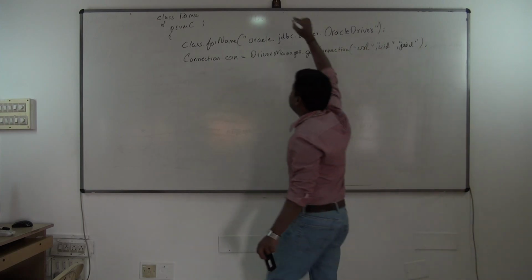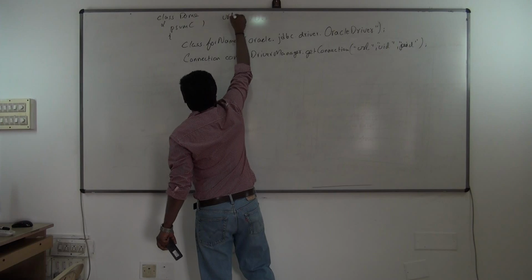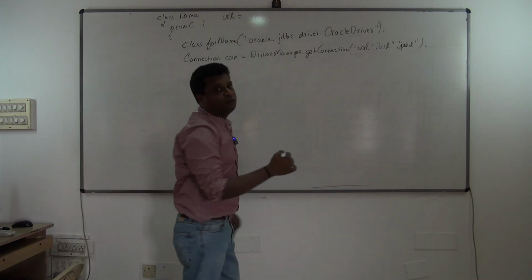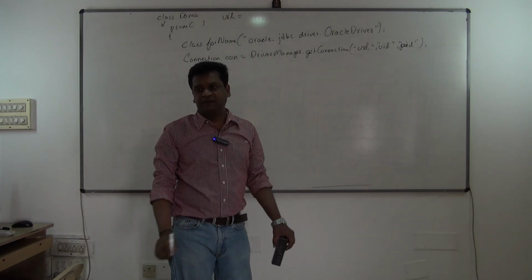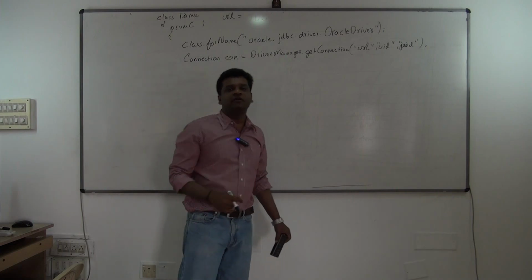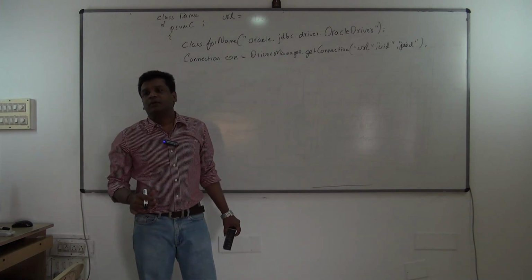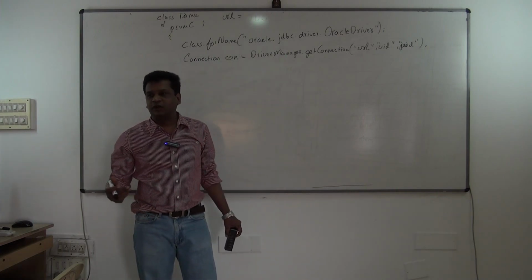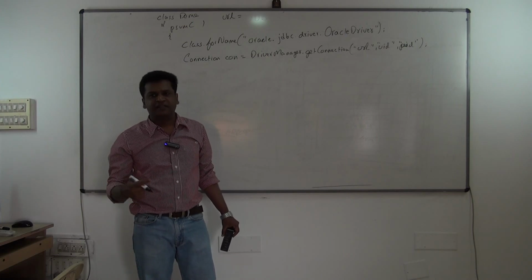What do those actual values mean? For the URL, you are writing a Java program, and your Java program has to connect to the database. So it needs values like where the database is located, localhost, then the port number, then the instance name, schema name.